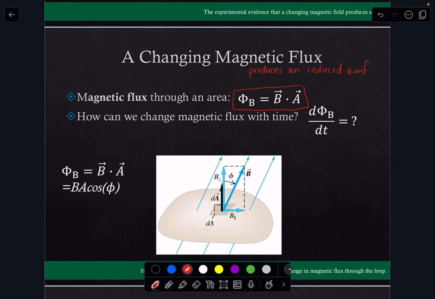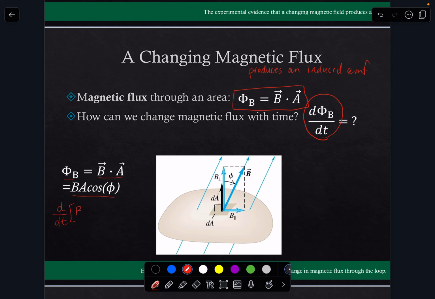So let's examine magnetic flux, B dot A. We can expand magnetic flux B dot A into BA cosine of the angle between B and A. And so basically, if we change any parameters of the flux with respect to time, that could be one of three things.